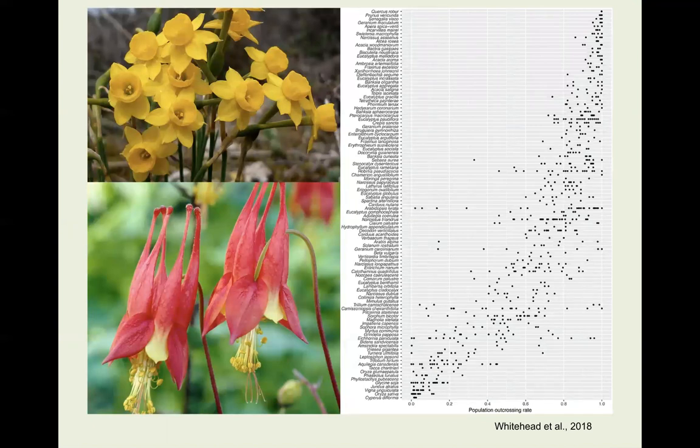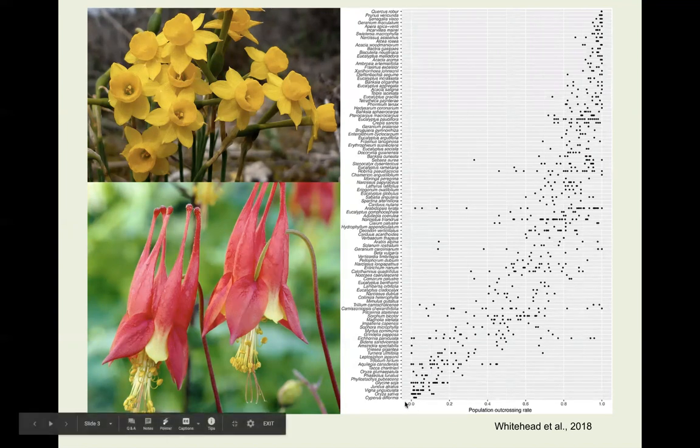This is from a study that was combining a lot of evidence from a lot of different plant species. And shown on the x-axis is the population outcrossing rate, so from 0 to 1. So outcrossing, again, is basically that sexual spectrum I was mentioning. On the right hand is full outcrossing.